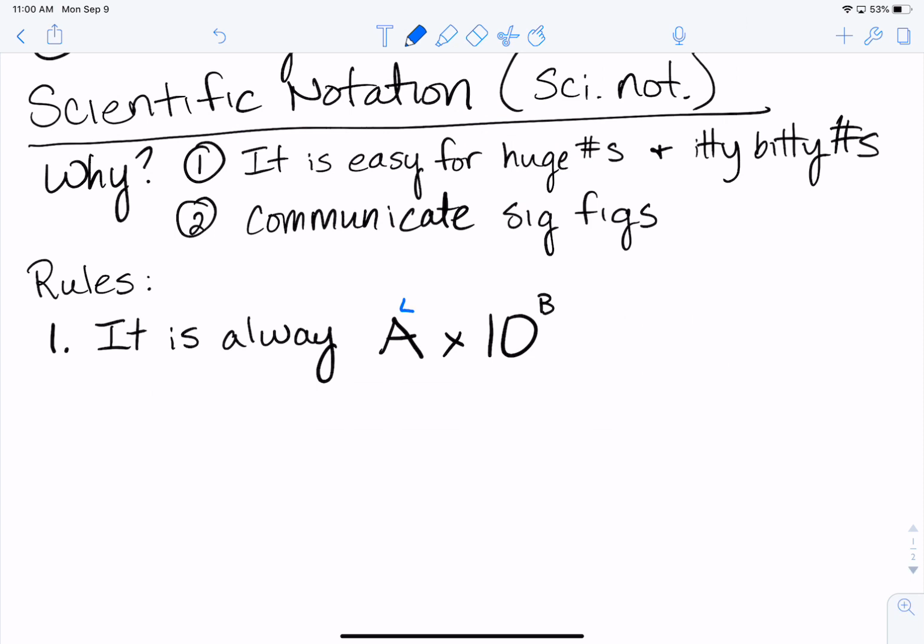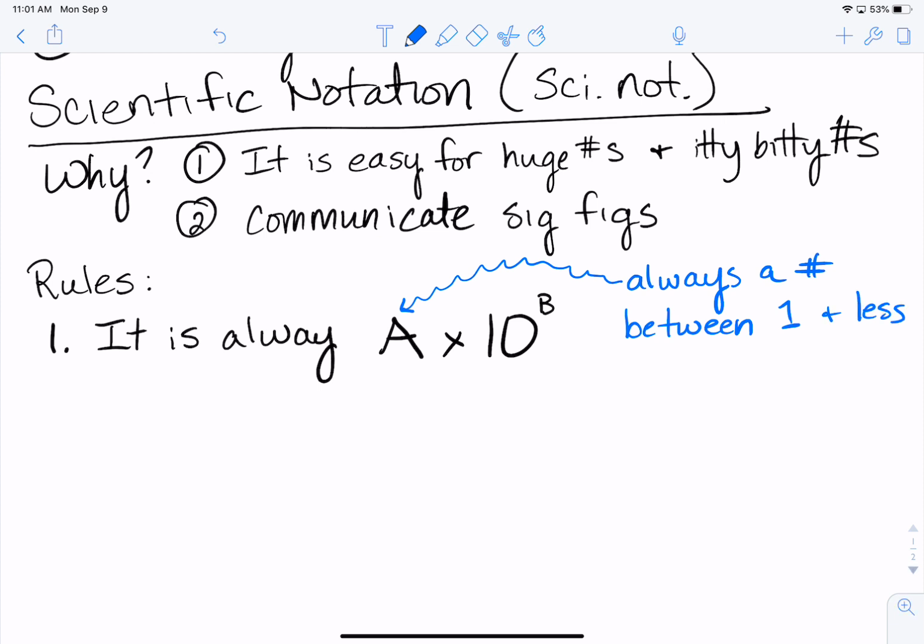This a right here is a number, so it's always a number between 1 and less than 10. So for those of you who are all mathish, you could say a is greater than or equal to 1, and it must be less than 10.